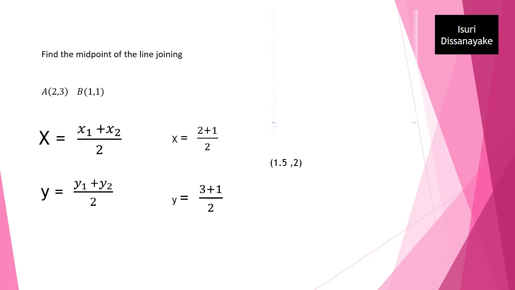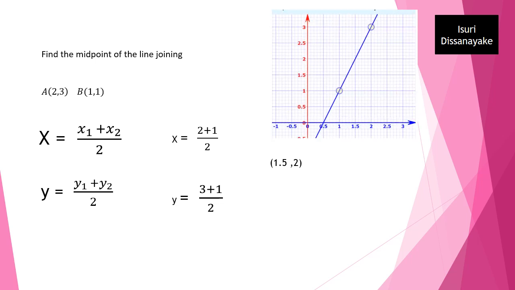Let me show you graphically. Here you can see this is (1, 1), this is point B over here. And (2, 3), this is point A over here. So I have marked the 2 points and joined them and drawn a straight line.